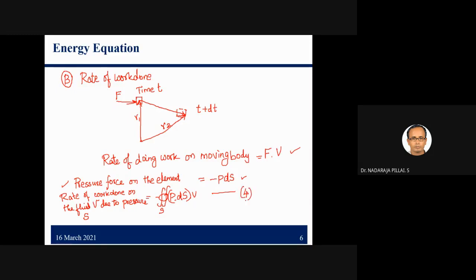So the rate of work done is force into velocity, and here we have considered the pressure force. Now you may ask a question: we have considered the pressure force, how about the body force?